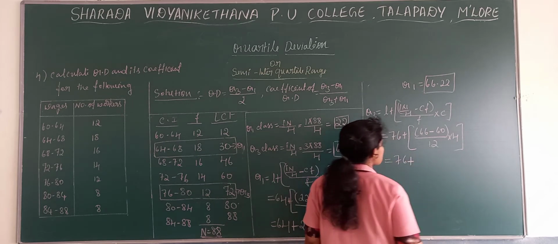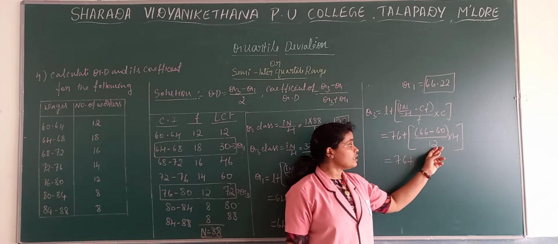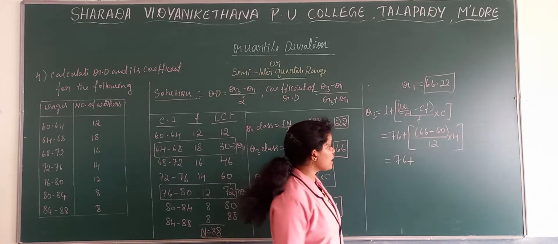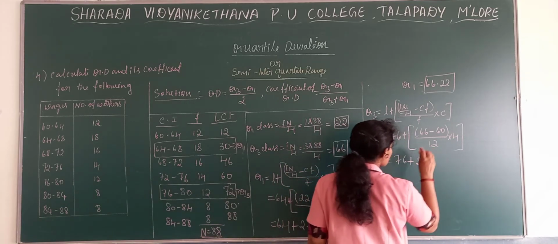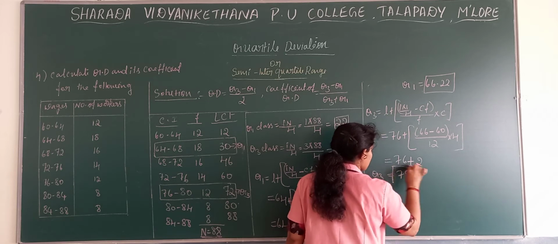So 76 plus (66 minus 60) into 4 divided by 12. When you solve this bracket, you get the value as 2. So your Q3 value is 78.